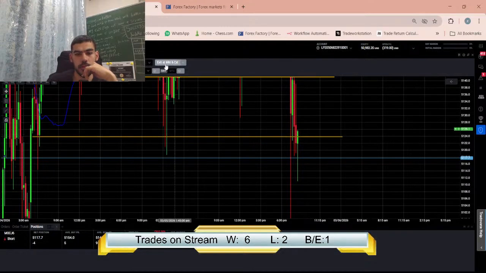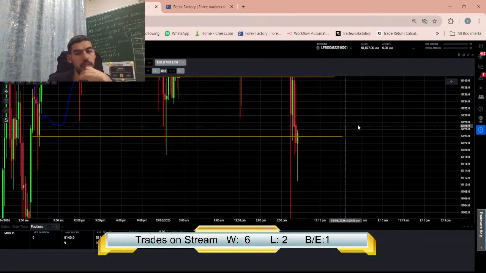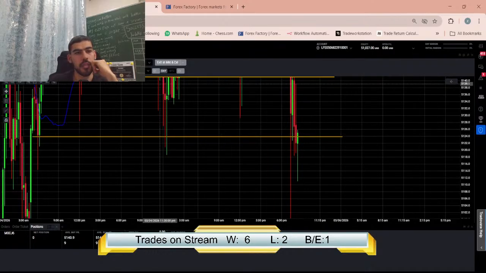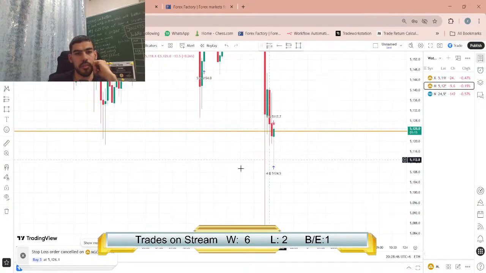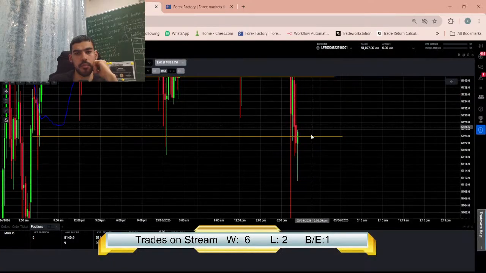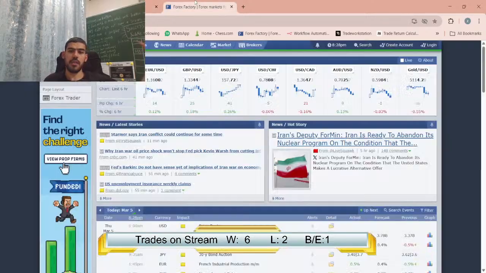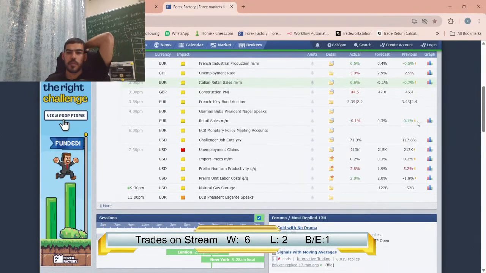Okay, I think it's there. Order filled. So I just closed the position at break even. Well, it's a little bit of a loss, but my account is still at break even, and I'm waiting for the next better setup or next best entry.